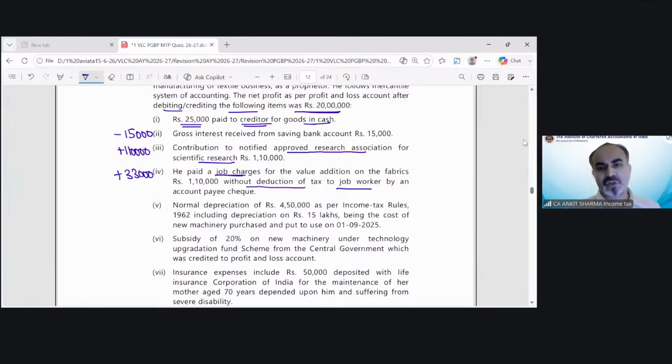Normal depreciation of rupees 4,50,000 as per Income Tax Rules 1962, including depreciation on 15 lakh rupees being the cost of new machine purchased and put to use on 1st September 2025. Very interesting point. These 2 points are very, very interesting. So normal depreciation we need to add back, of course, 4,50,000.